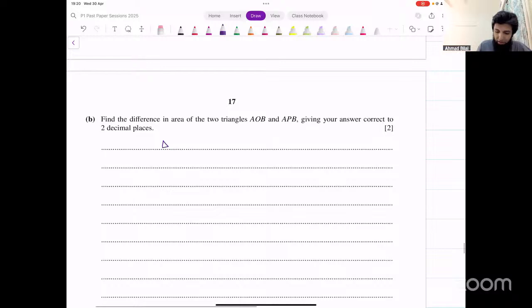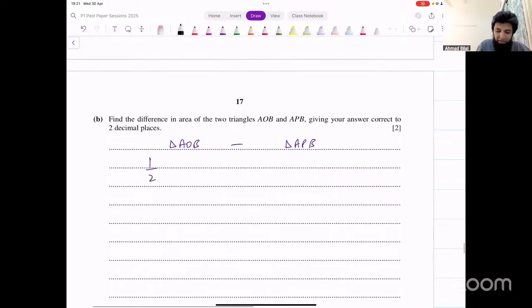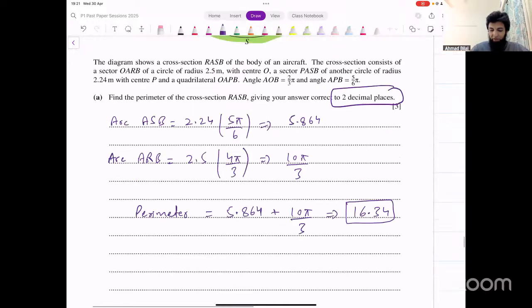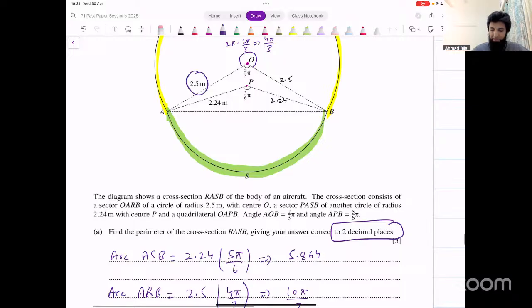Area of triangle AOB minus the area of triangle APB. Half into ab sine C. That's the formula that I'm using here for the area of the triangle. a and b are two sides of the triangle, and the angle C is the angle between them. 1/2 into, for the bigger triangle, the sides are 2.5 and 2.5, and the angle is 2 pi/3.